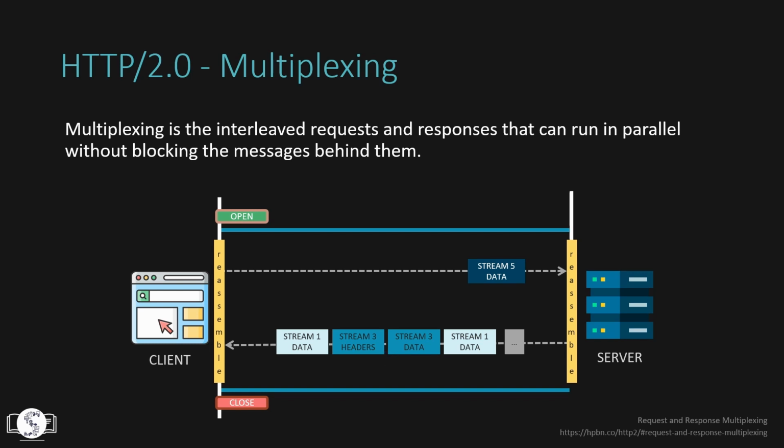Multiplexing resolves the head-of-line blocking issues in HTTP1 by ensuring that no message has to wait for another to finish. Multiplexing can deliver lower page load times by eliminating unnecessary latency and improving utilization of available network capacity. It means we can remove unnecessary HTTP1 workarounds that I have shared with you before.